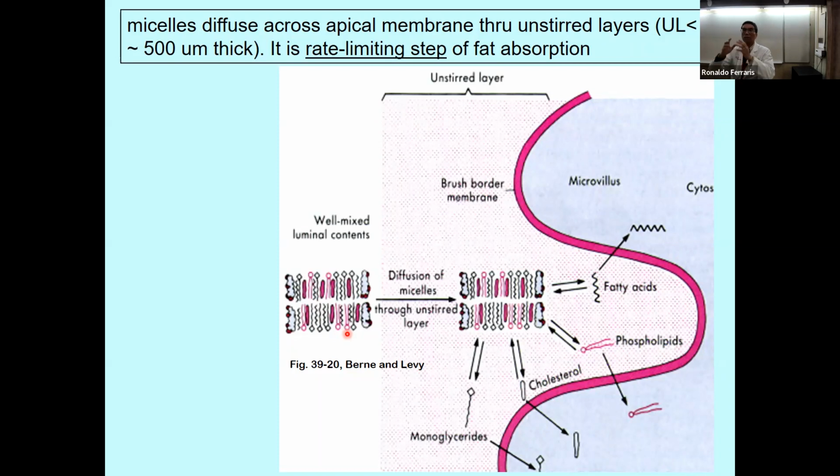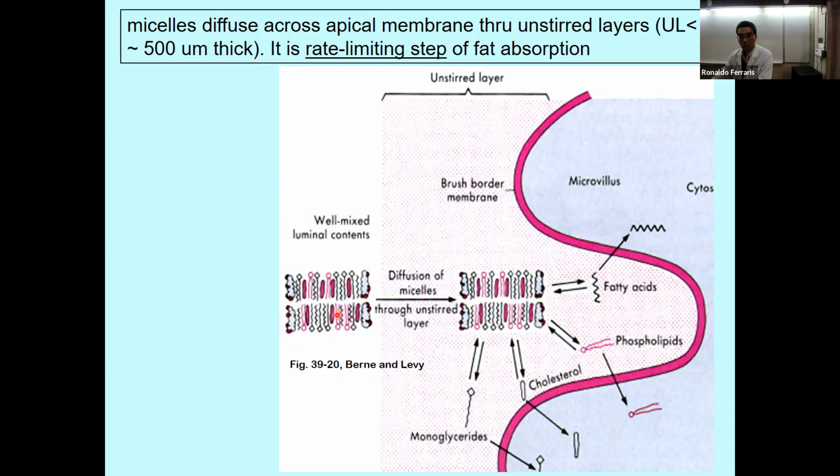And micelles, you can think of them as buses, or high-speed trains, that bring lipid digestion products from the well-mixed luminal contents in the middle of the intestinal lumen right to, and very, very close to, the membrane. So they're like buses.